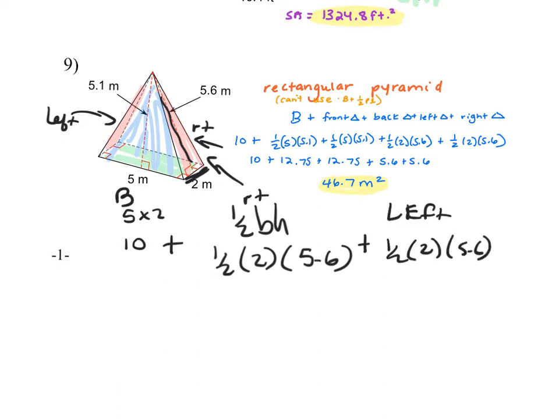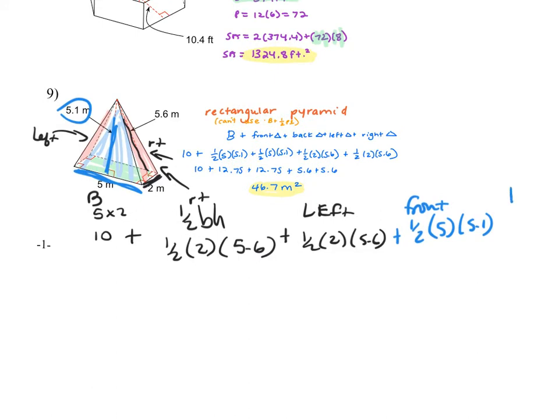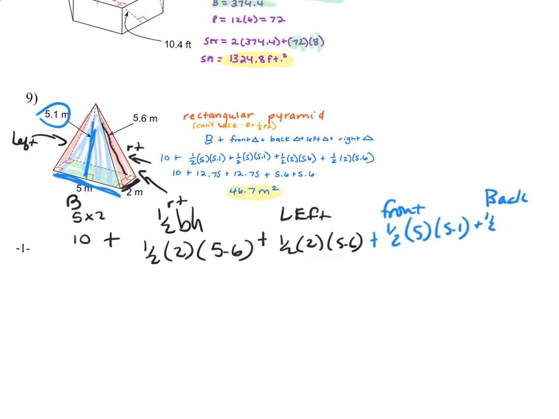And then I also have to do the front triangle, which is blue, base 5, height 5.1. So front is 1/2, 5 times 5.1. And then I have to do the back, which is the same as the front. So 1/2, 5 times 5.1.